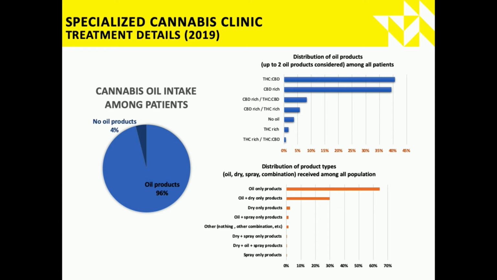So natural products are never completely pure, but the concentration of the other component is not important if a product is THC.